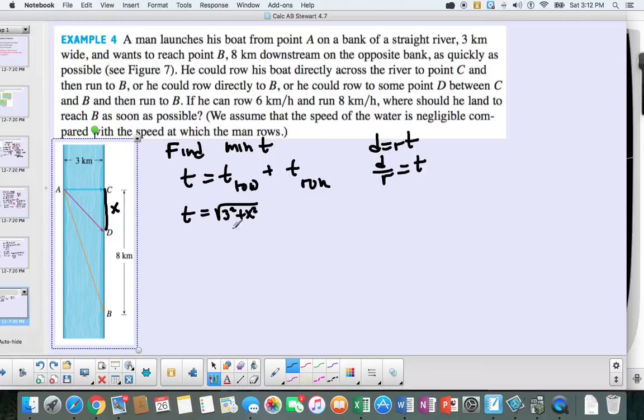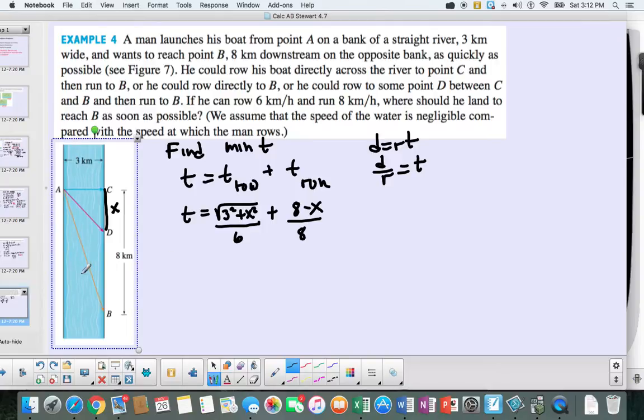So that's the distance, and now I'm going to divide by his rate, and his rate is 6. Now the amount he runs, so once he lands, this is how much he's going to run, so that's going to be 8 minus x, and he runs at 8 kilometers per hour. So this is our formula. That's probably the hardest part of this problem, is to get that formula.